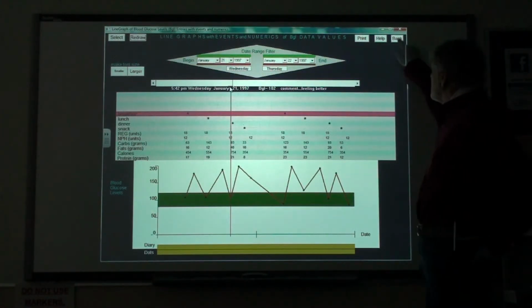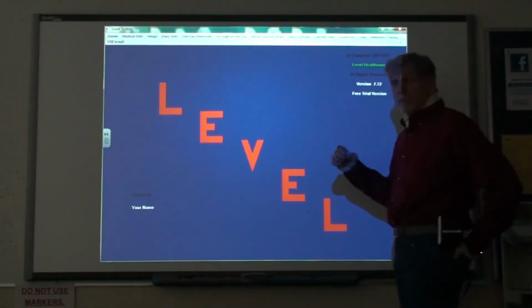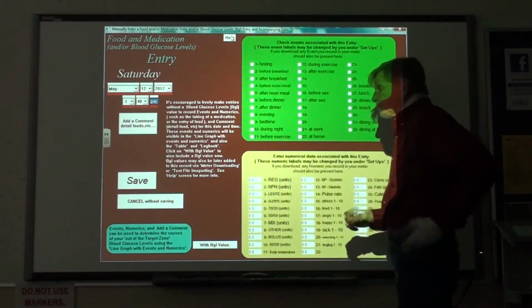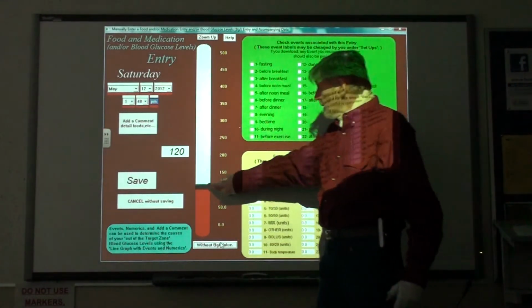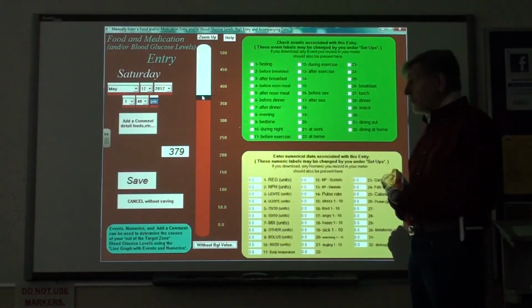Just to point out that the way that these carbs, fats, and proteins get entered in is when you make a blood glucose reading, then you will enter the amount of the blood glucose reading either directly or it will come in through your meter.